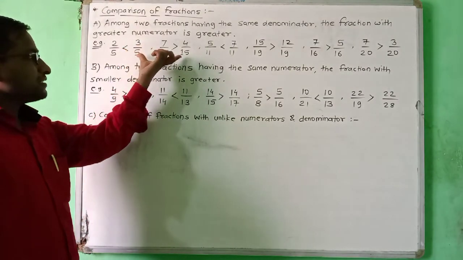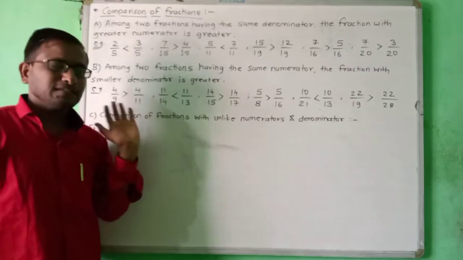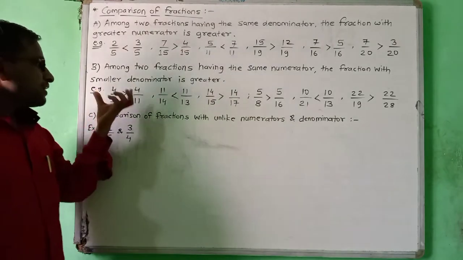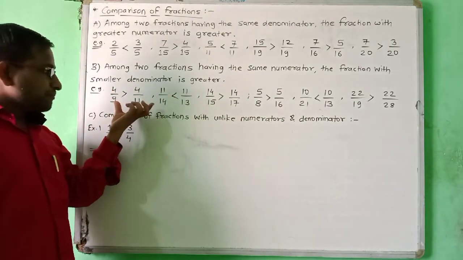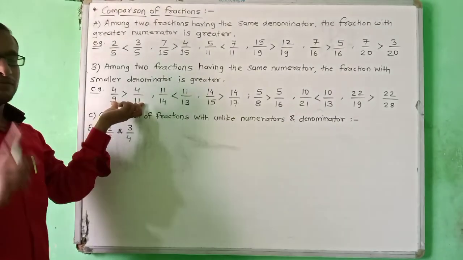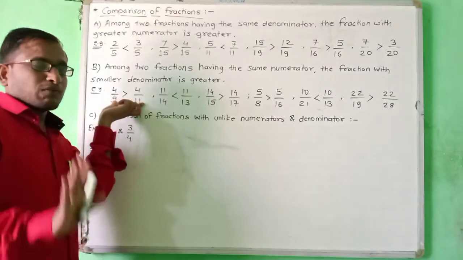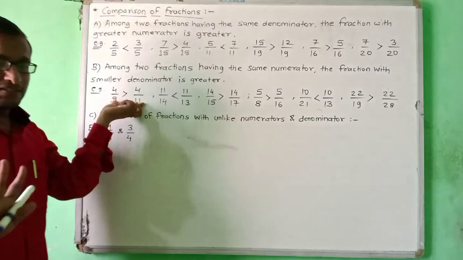When denominators are the same, you compare the numerators, and the fraction with the greater numerator is greater. In the second point the numerator is the same, so you compare the denominators. The fraction with the smaller denominator is greater.